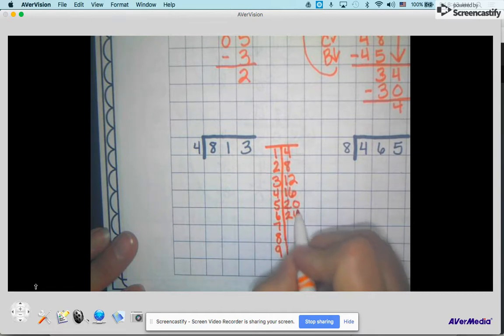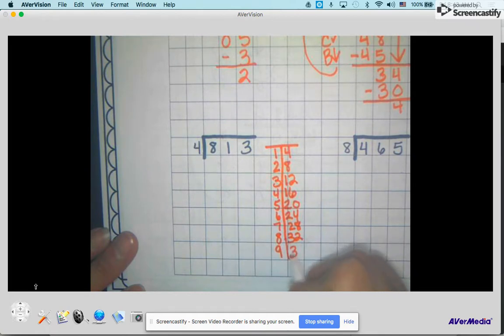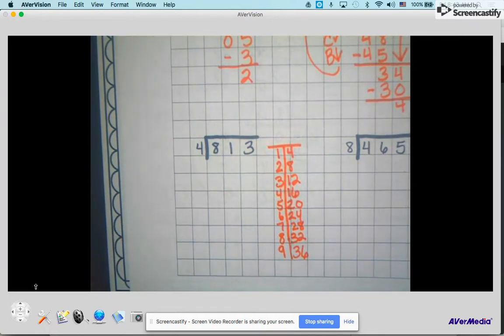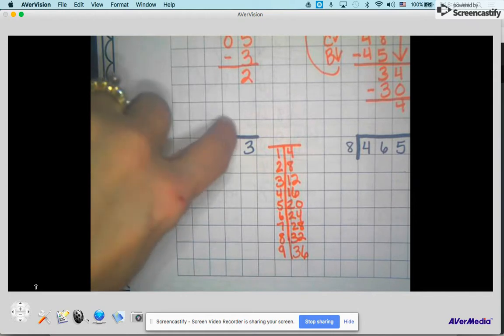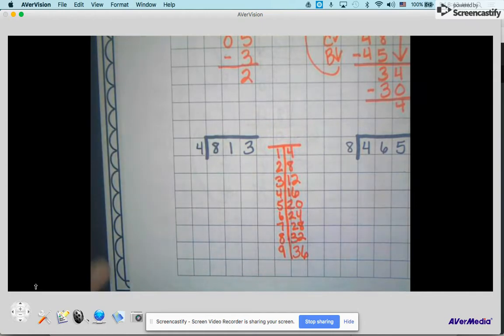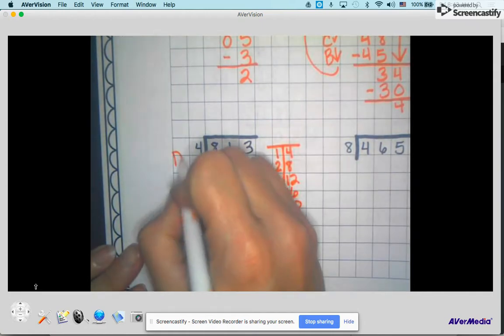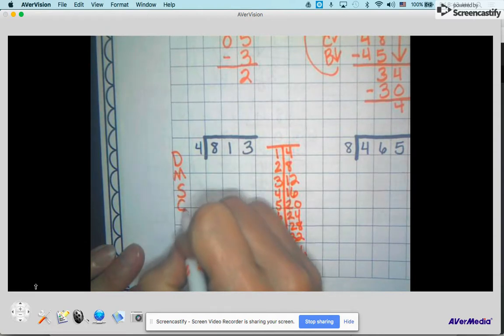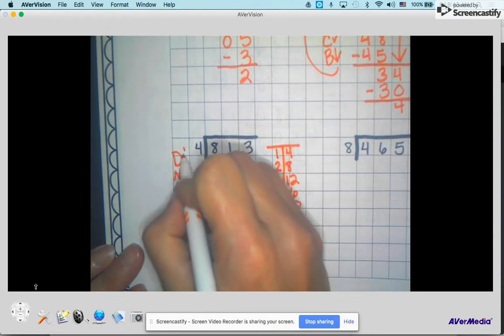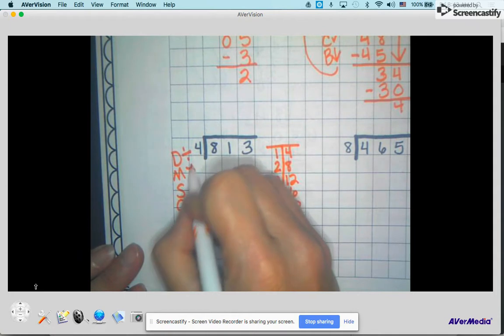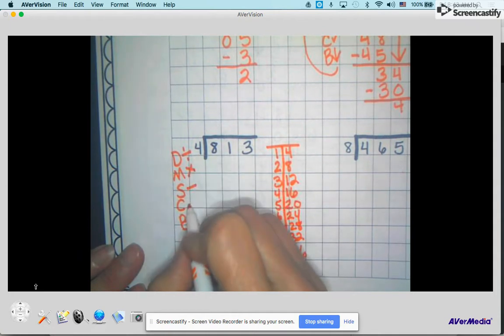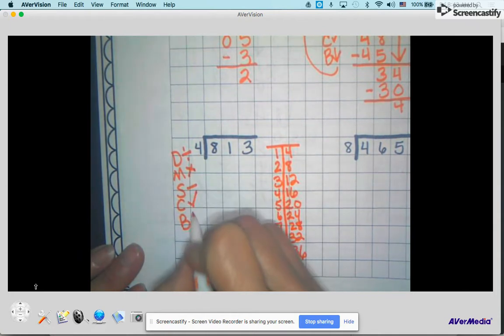Or if you know your song, again, you can just sing it. And you can stop at 9 because you're never going to use a digit bigger than 9 using the traditional division method. Remember to use, does McDonald's sell cheeseburgers? The D is for? The M is for? The S is for? The C is for? And the B is?